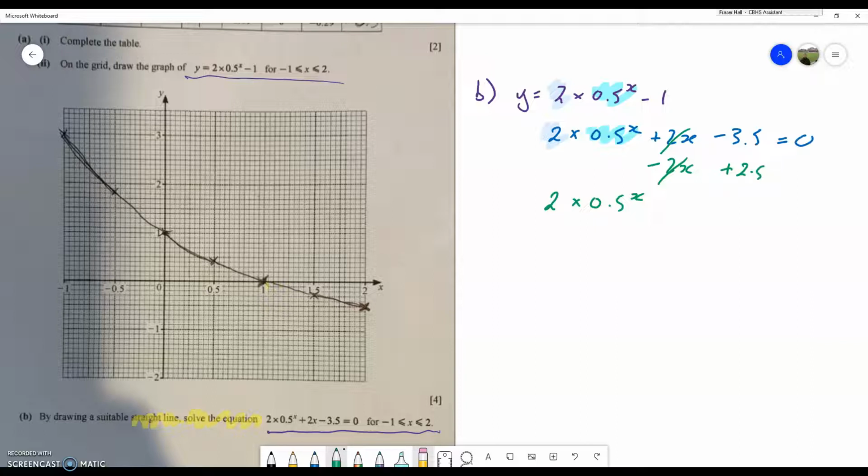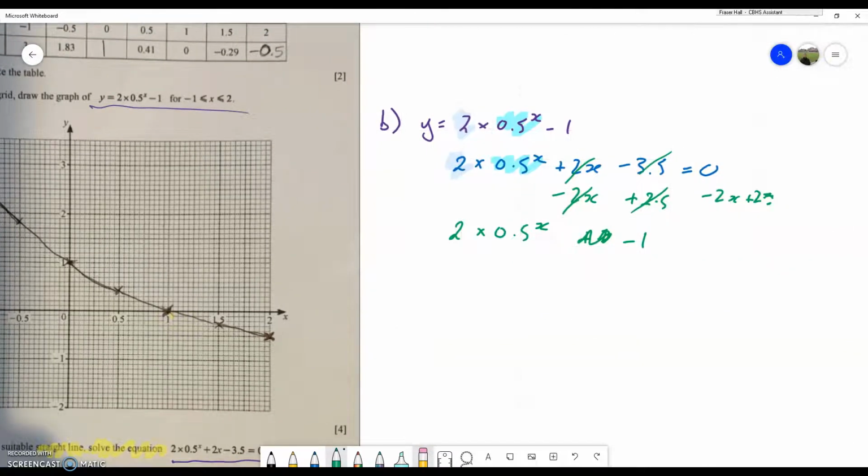Okay, so what that means for our final equation is on the left-hand side, we end up with -1. So the left-hand side is the same as our original function. Now, to balance that out, we have to do the same on the right-hand side. So it's going to be 0 minus 2x plus 2.5.